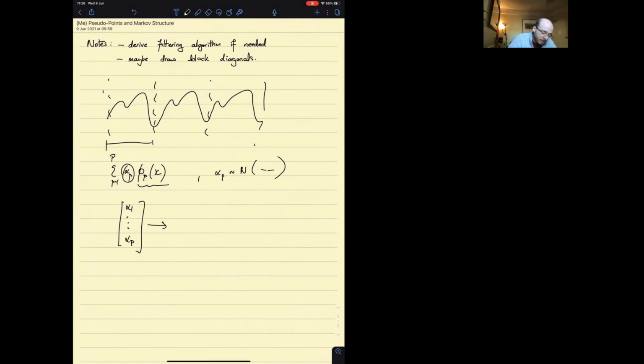And then the transition dynamics for this bit, so the conditional distribution of alpha at t given alpha at t minus 1 is just some deterministic transform. So it's like a degenerate normal or something like that.